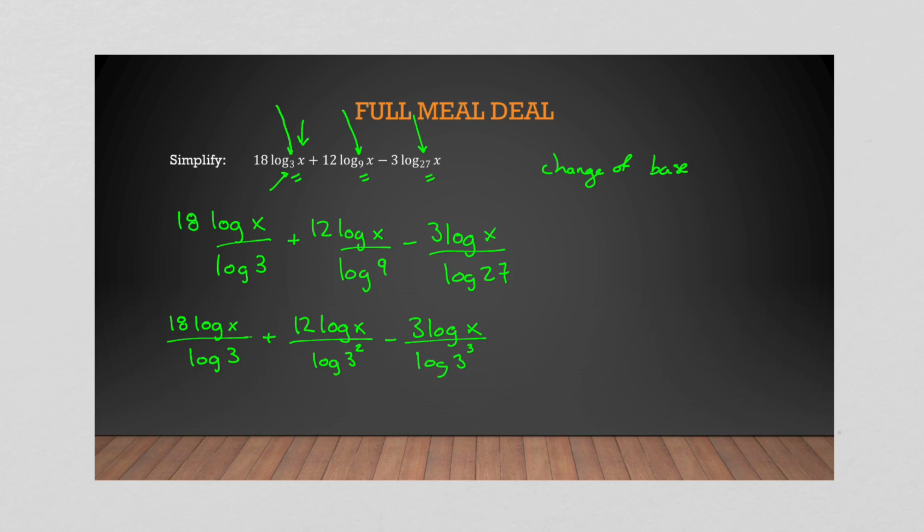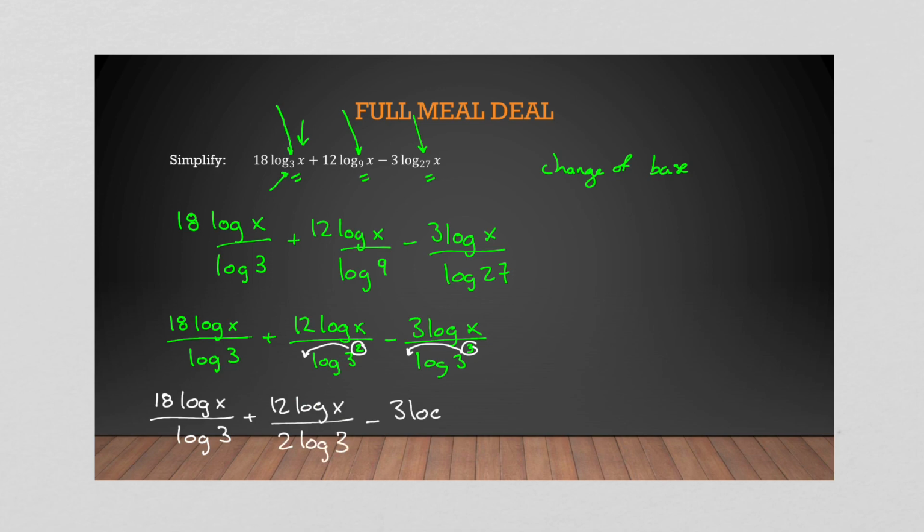So what happens? Those exponents come down to the front. So now we have 18 log x over log 3, plus 12 log x over 2 log 3, minus 3 log x over 3 log 3.